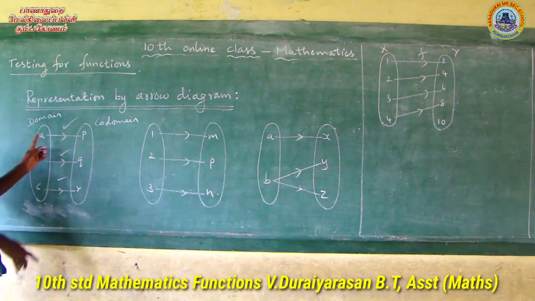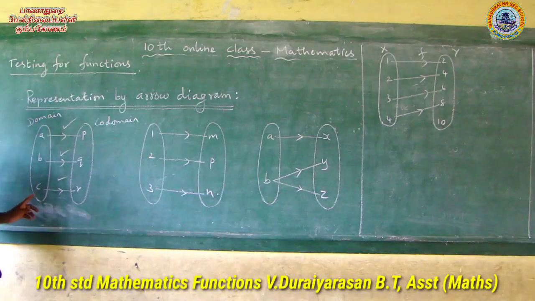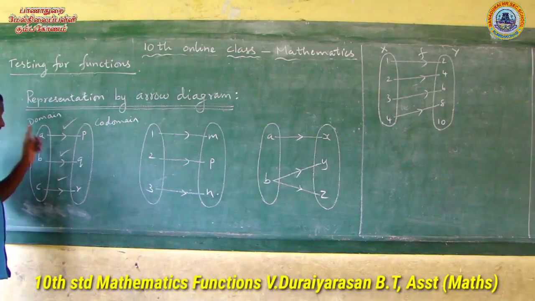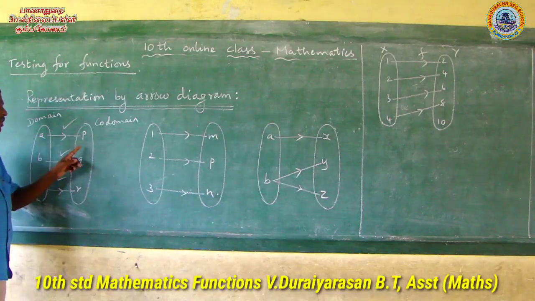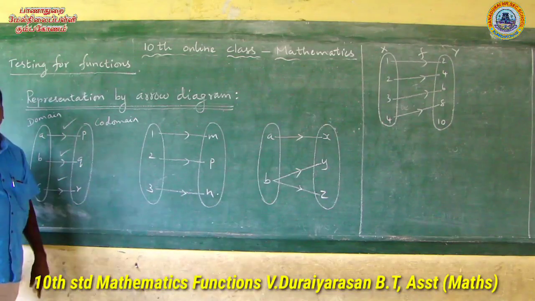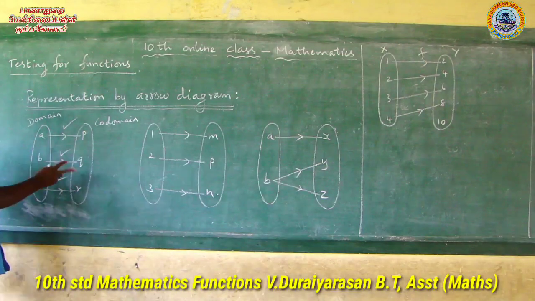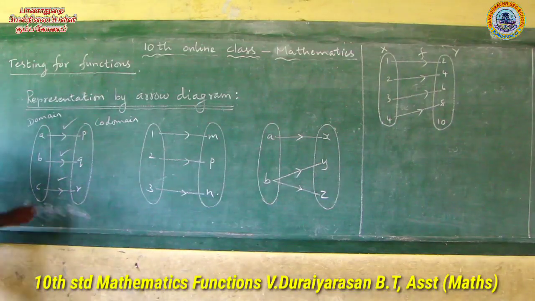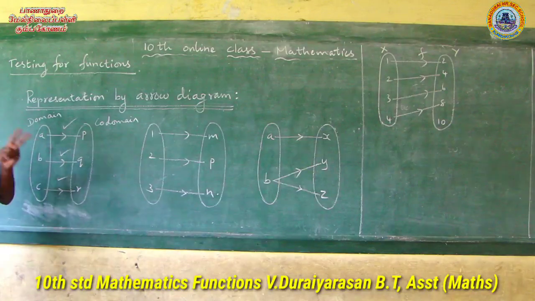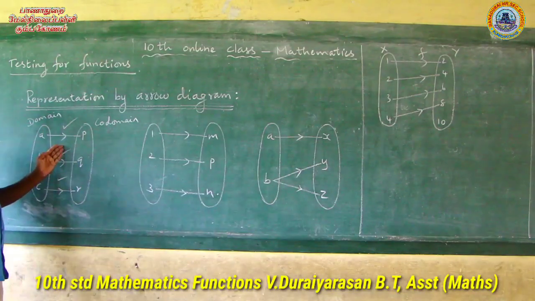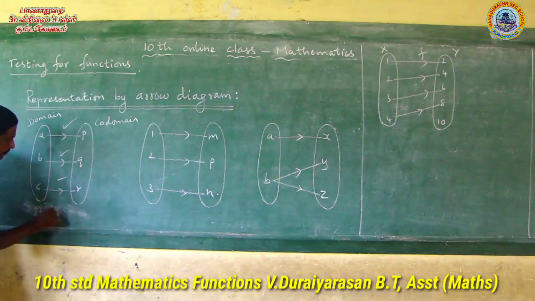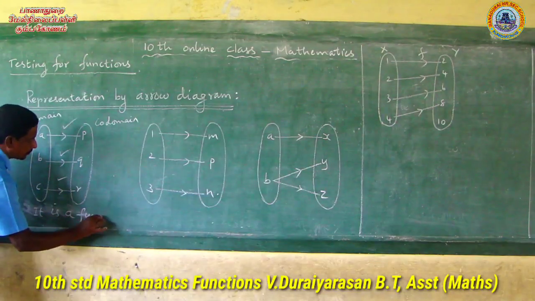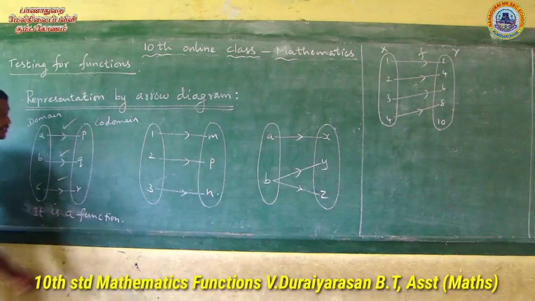Okay. All the domain entries A, B, C have a unique element in the codomain. So A to P, B to Q, C to R. Is it a function or not? It satisfies the two conditions, so the given arrow diagram is a function. Okay.